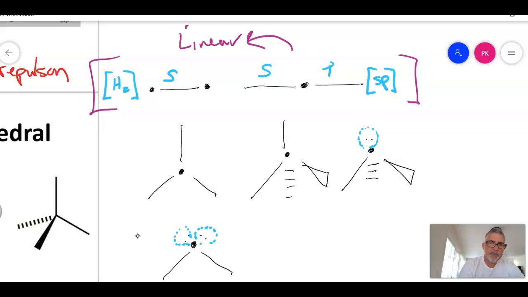If we look at here, the next one, we start with S, and we start counting P's going in directions. So if there are 3 directions off the center atom, right, then we have sp2 because there are 2 p hybrid orbitals, right? So this is going to be trigonal planar.